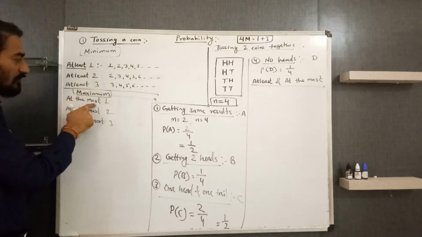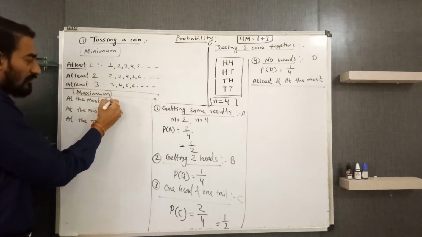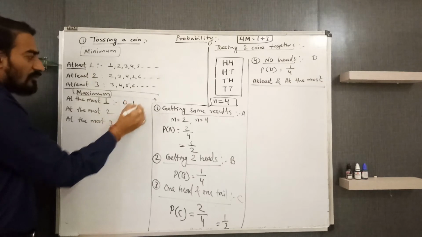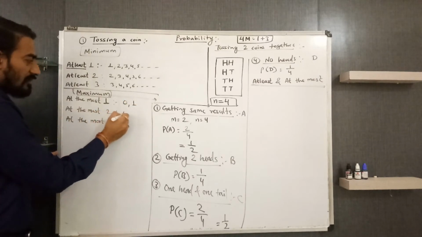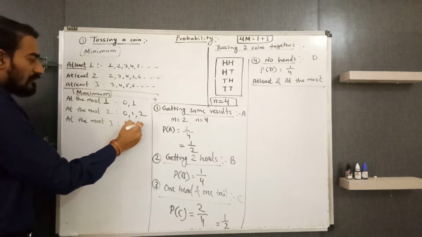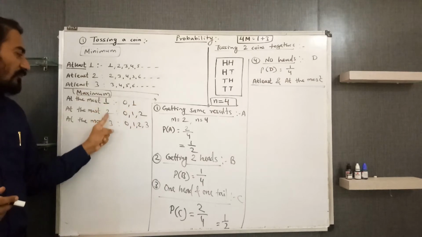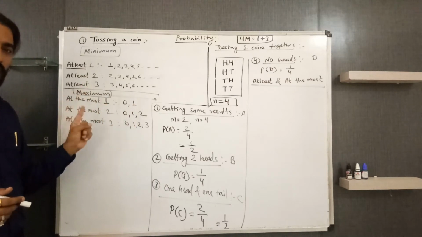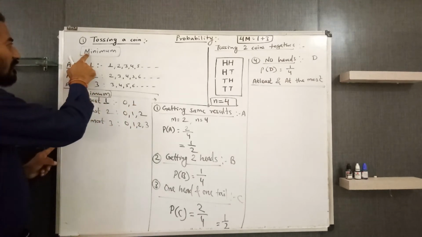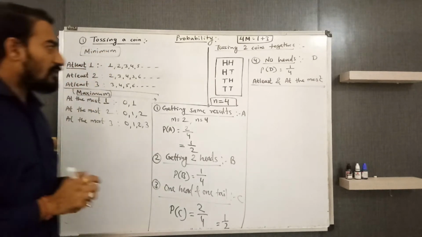In case of at the most, highest value 1 means more than 1 you cannot. So in this you can take 0, 1. In this you can take 0, 1, 2. In this you can take 0, 1, 2, 3. Means the maximum value is defined here. Minimum value is not defined. Here the minimum value is defined. Maximum value is not defined. So next step.